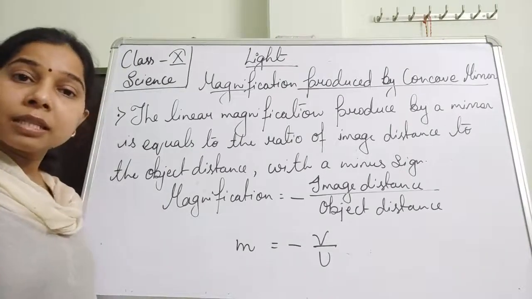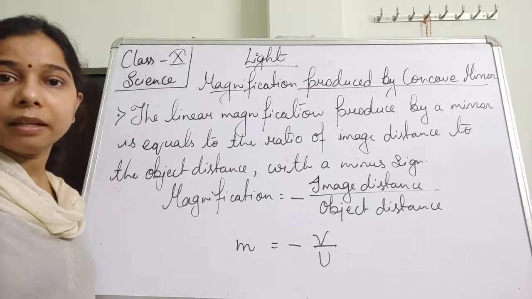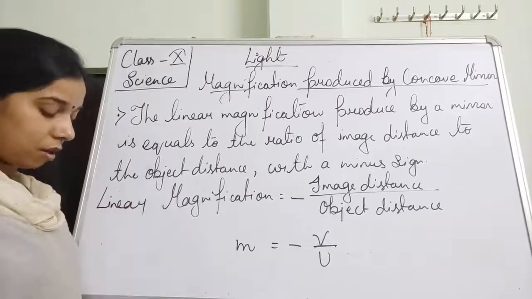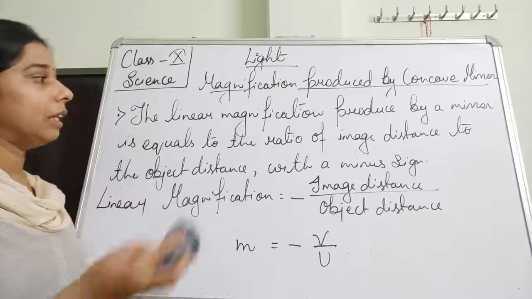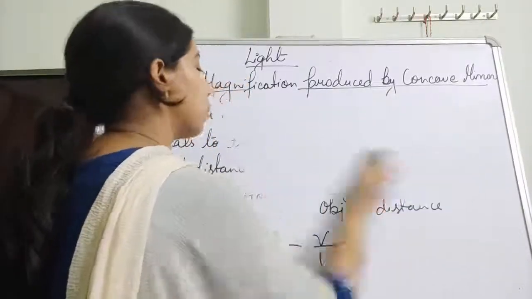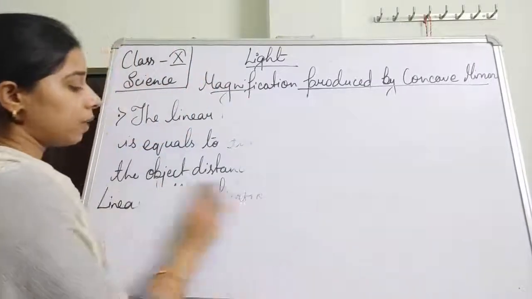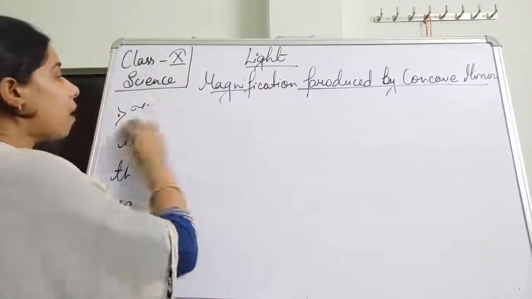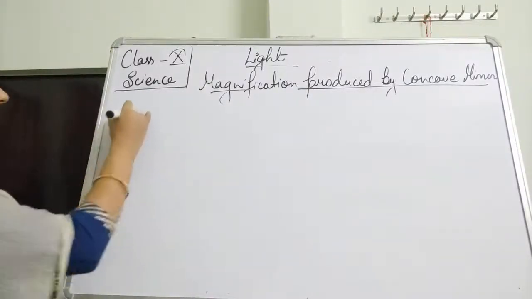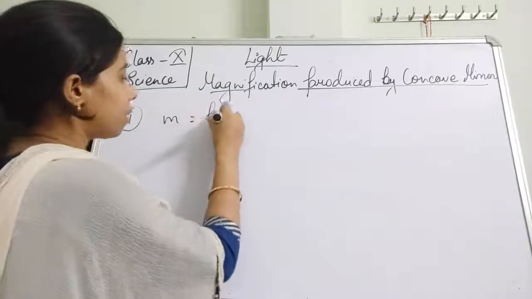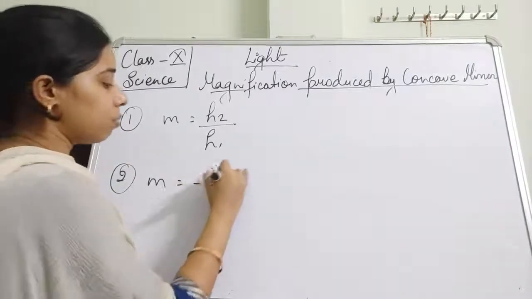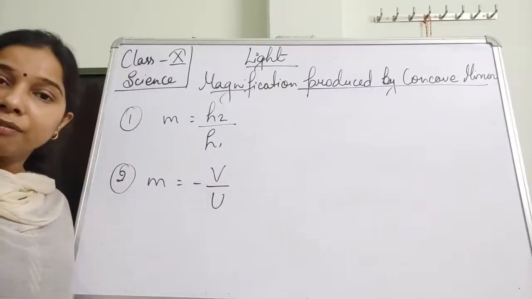Okay, so this is another method by which we can find the linear magnification. You can use the term magnification or linear magnification. So we got two formulas to find the linear magnification. Whatever values are given, with their help we are able to get the magnification. The first formula is m equals h2 upon h1, and the second formula is m equals minus v upon u.